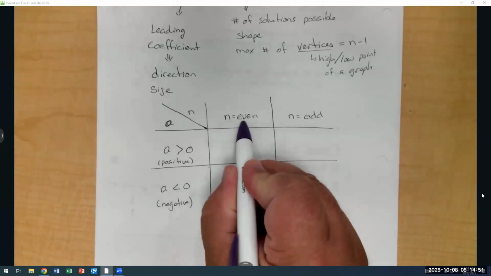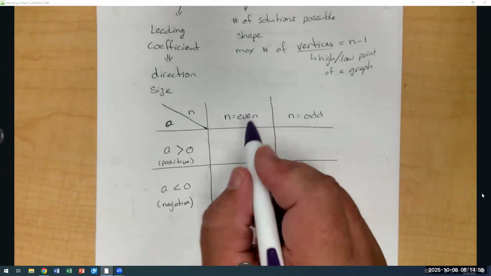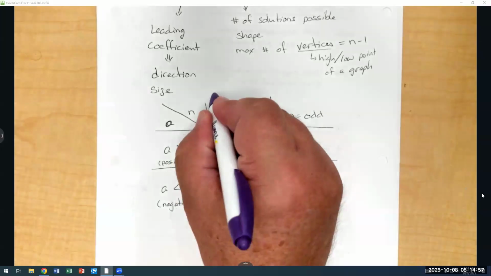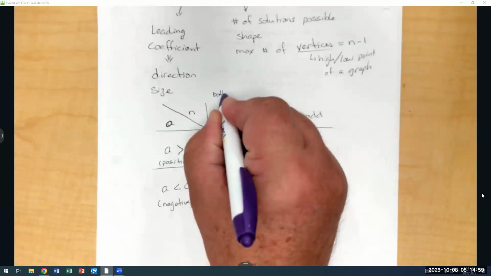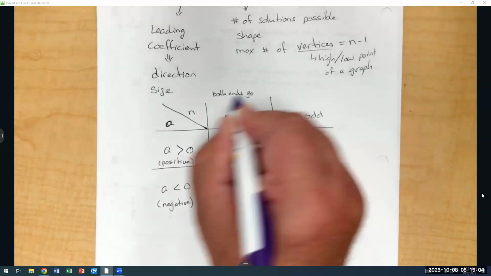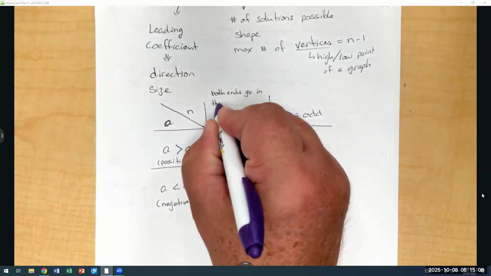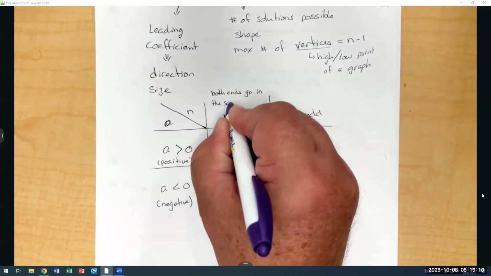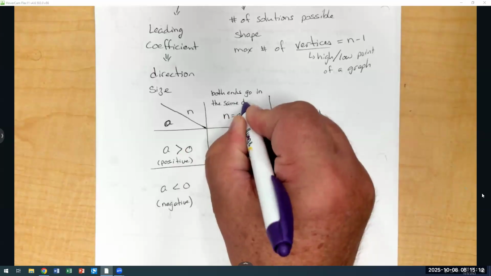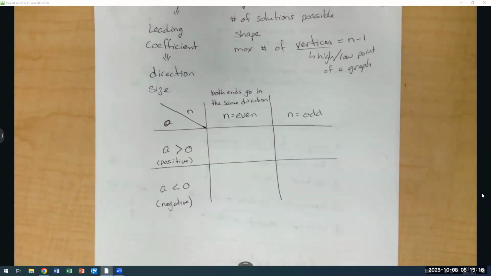If n is even, what does that mean for us? Well, a couple of things. If it's even, we know both ends go in the same direction.